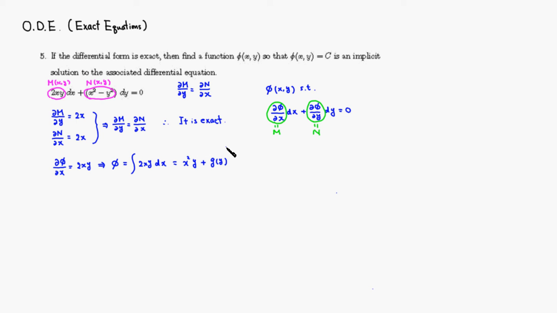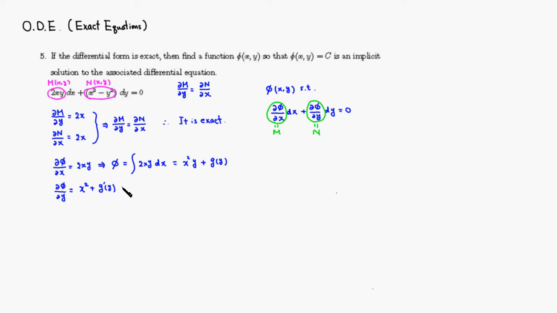Then the next condition is we have to make sure that the partial of phi with respect to y is equal to N. So I'm going to take the partial of what we found with respect to y. The partial of x squared y with respect to y would be just x squared. Then the partial derivative of g of y would be g prime of y.